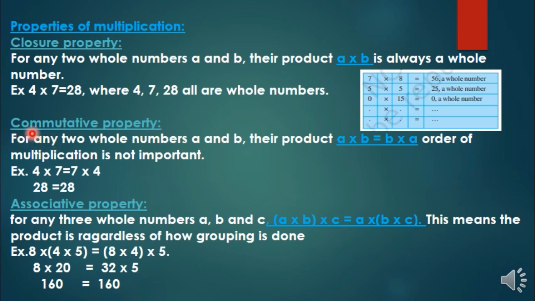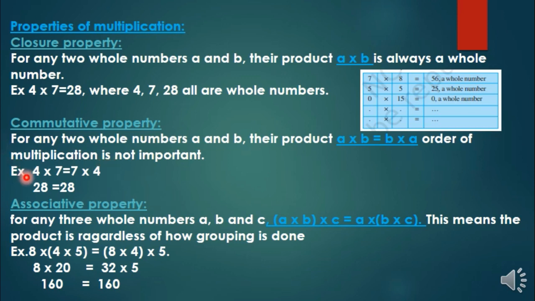Now next third property is associative property. I told you associative property is applicable for three whole numbers. Whenever there are three whole numbers, in that case we will see the associative property. Now (a multiplied by b) multiplied by c, or a multiplied by (b multiplied by c). This means the product is the same regardless of how grouping is done. Means if you do (8 multiplied by 4) multiplied by 5, or 8 multiplied by (4 multiplied by 5).